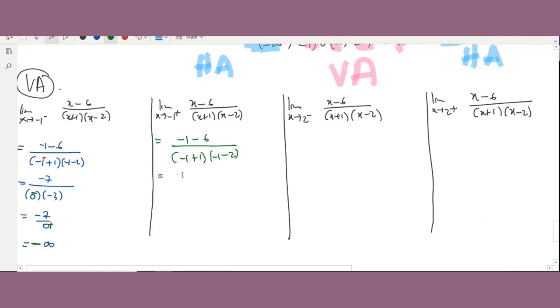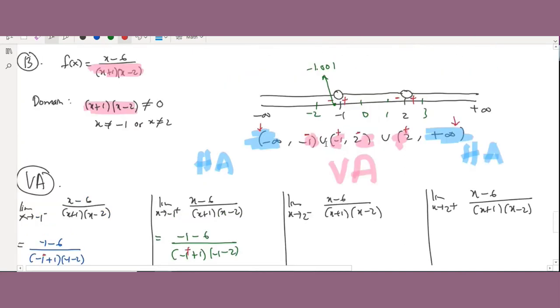Okay, negative 7, 0, negative 3. So confirm negative 7 over 0 and infinity. And check, problem 0. 0 means from the right.